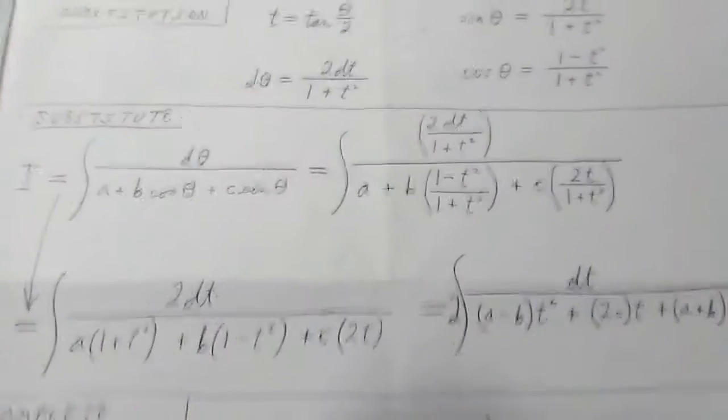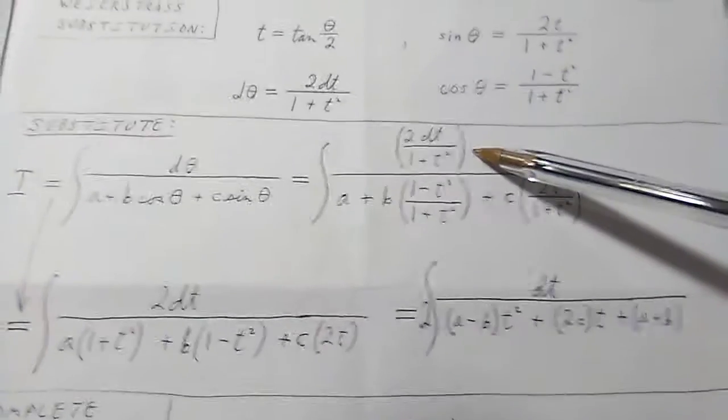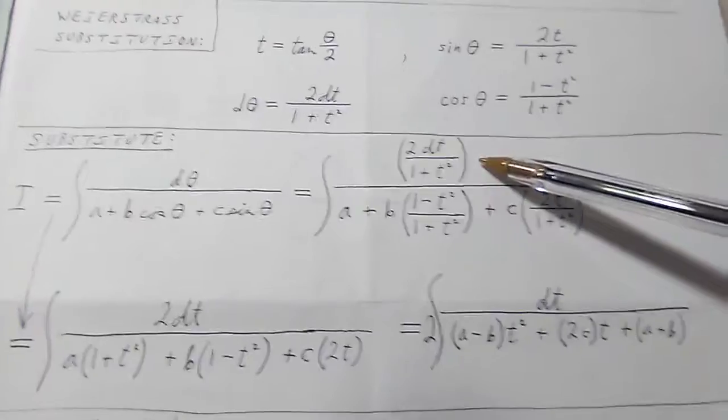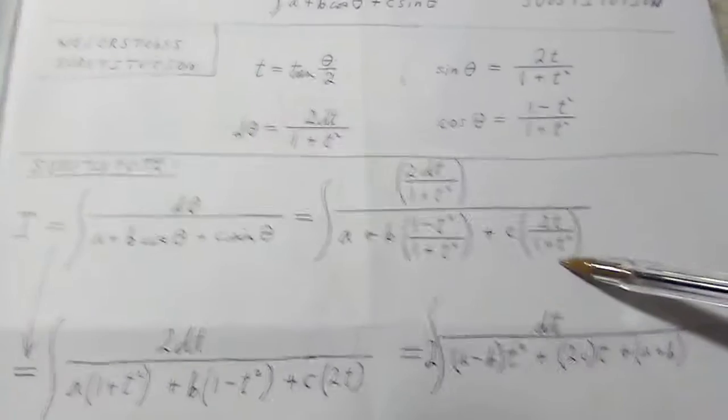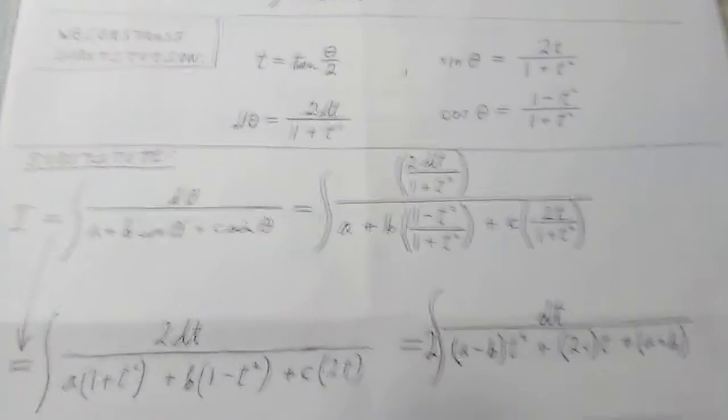But moving on, we're going to substitute in for d theta and for cosine theta and sine theta. And now we've lost all of our thetas, and we now have t's.